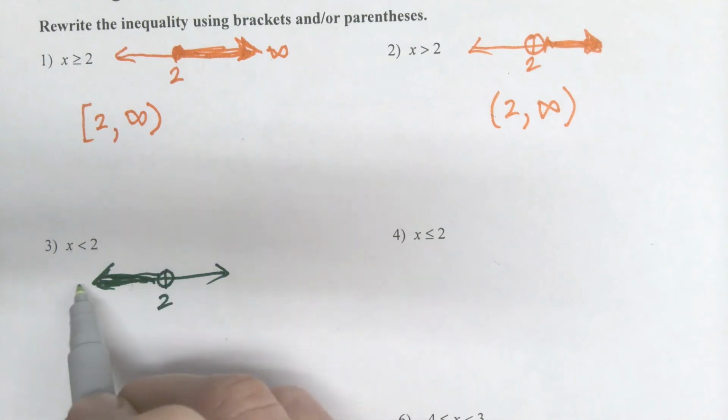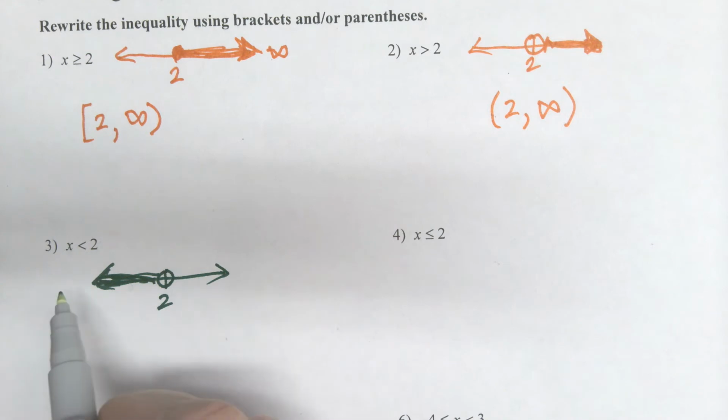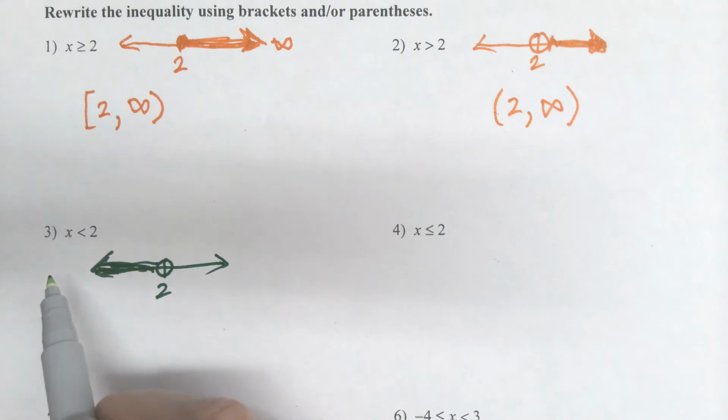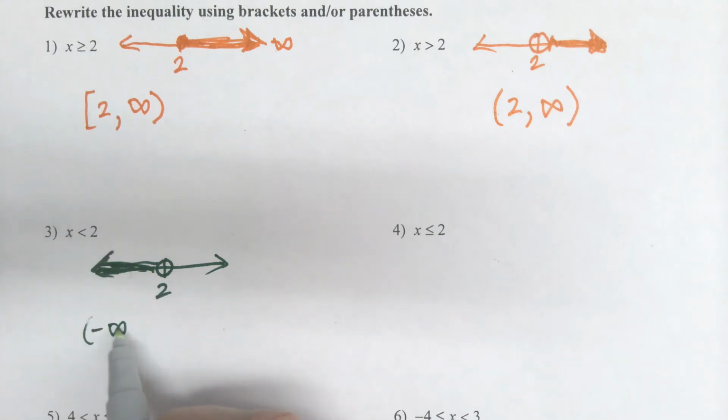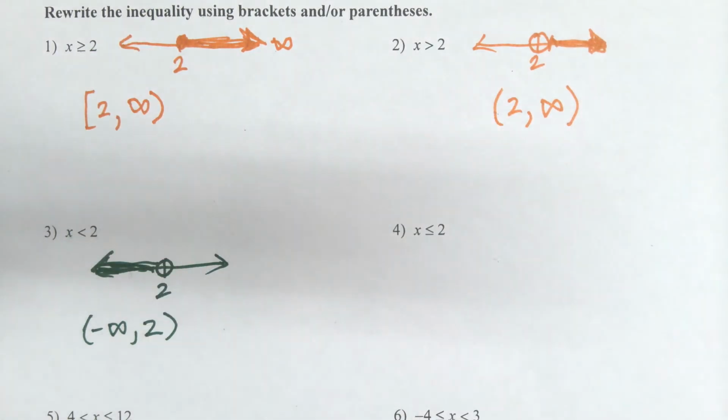And I always read this from left to right. So when I'm thinking of domain and range, the leftmost is negative infinity, and then it goes up to 2. So be careful about the direction when interpreting those inequalities.